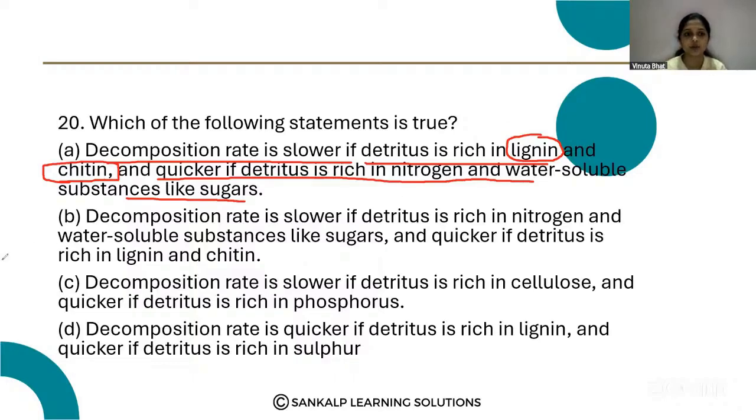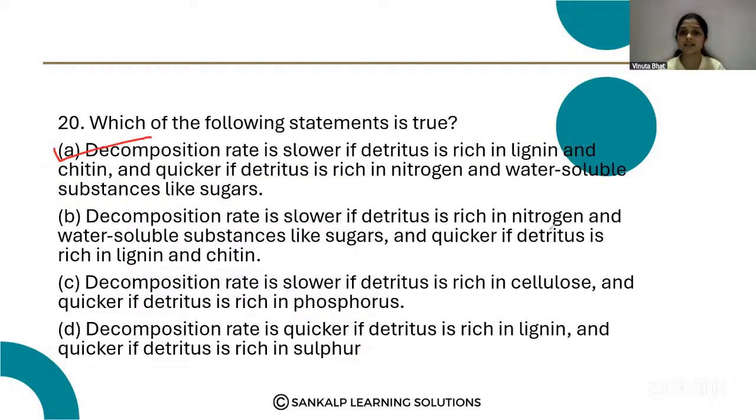And what about the other statements? Decomposition rate is slower if the detritus is rich in nitrogen and water soluble substances, so it will be faster if it is composed of water soluble substances like sugar. So this is the wrong one. Decomposition rate is slower if it is rich in cellulose, and quicker if the detritus is rich in phosphorus.